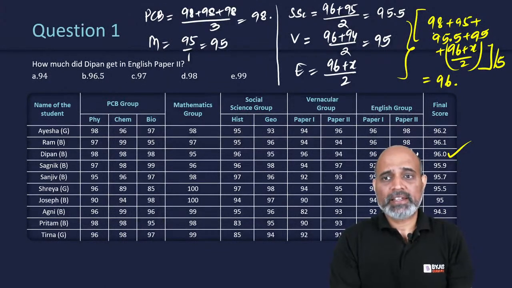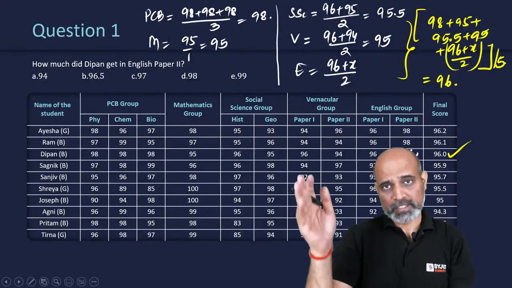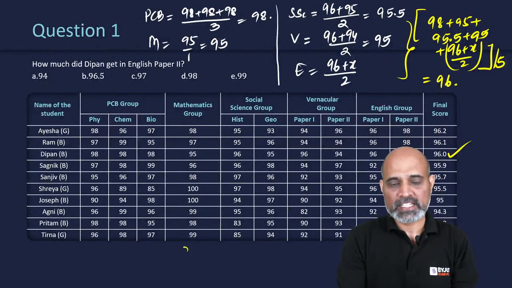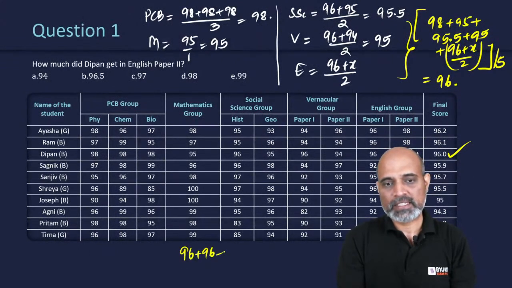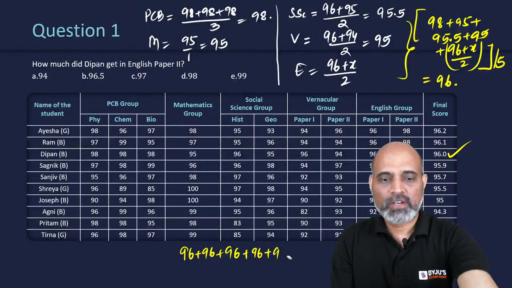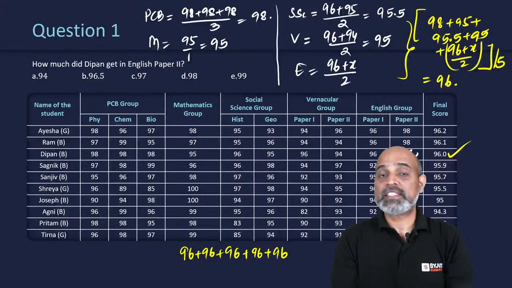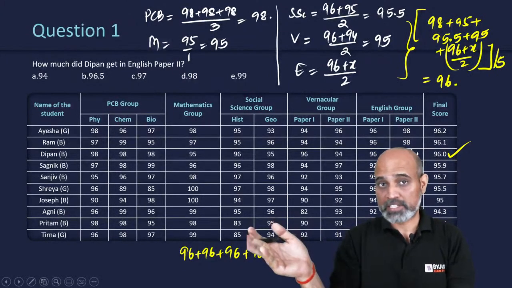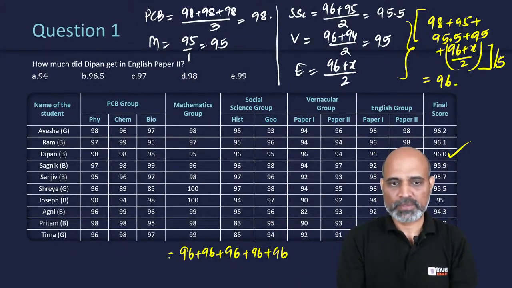अब क्या करेंगे? We will take 5 to the other side and write that as 96 into 5. 96 into 5 means 96, 96, 5 times, right? On the left hand side, we have 96 into 5, which is adding 96 5 times.